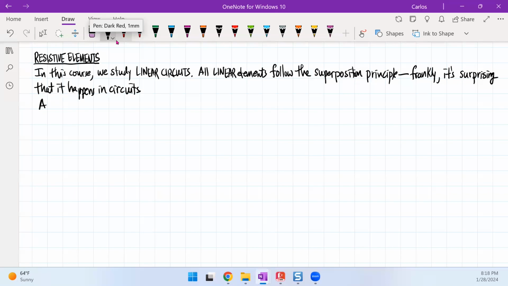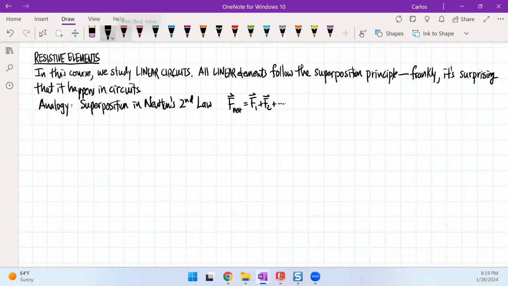So if I think about analogies of what I mean by superposition, there is superposition in Newton's second law. What we mean is there's this thing called the net force, and the net force is the sum of a series of individual forces that act on an object.